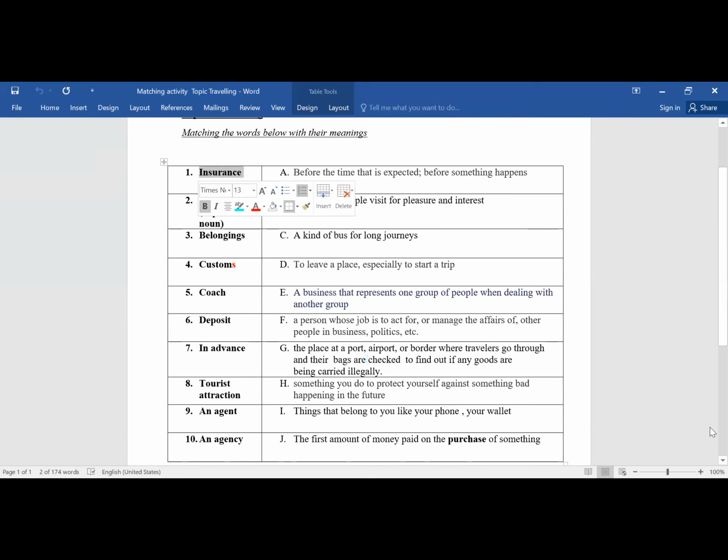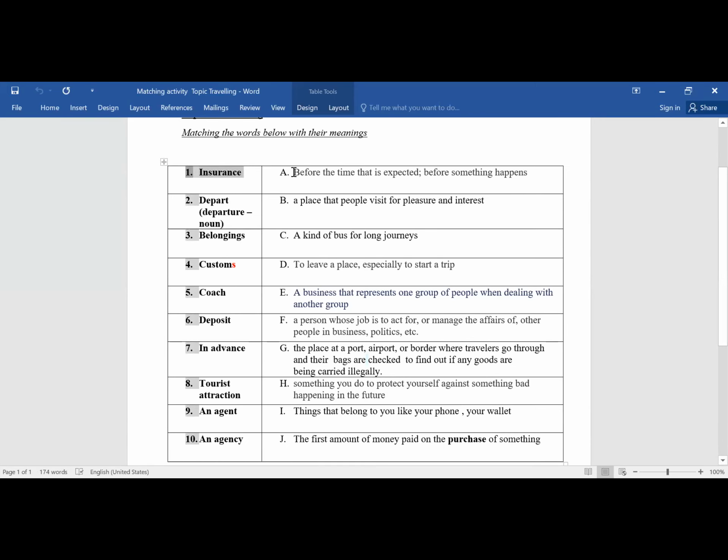Insurance. Let's check this one. Okay, let's scan the table. Now let's match the word insurance. Chang Nguyen, please. Here we have insurance. Hello, Chang. Hello.